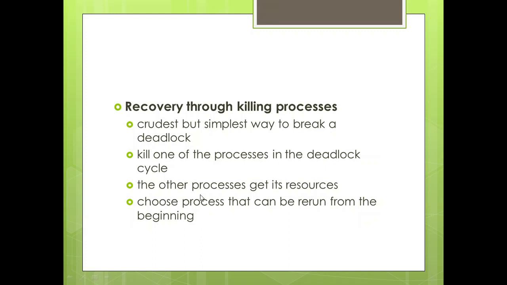Killing of the process should be based on the minimum cost. Many factors may be considered for choosing the process, including the priority of the process, how much the process has executed, and how much longer the process will need to execute to complete, etc.